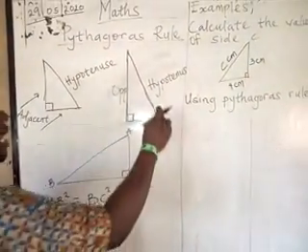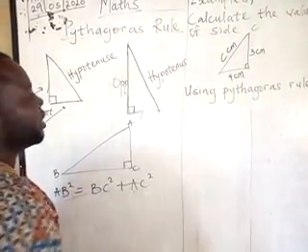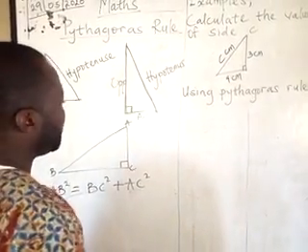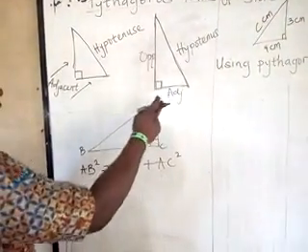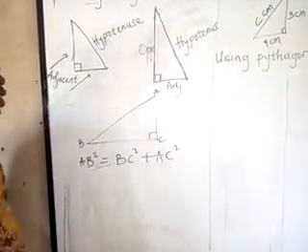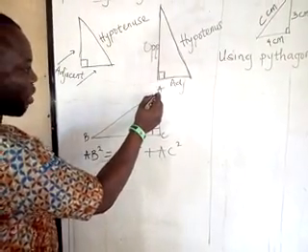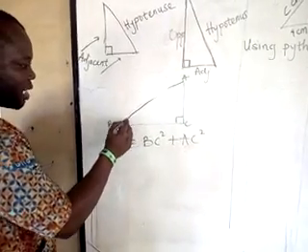So the longest line is referred to as what? The hypotenuse. Which means, coming to this triangle here, triangle ABC, where this line is our hypotenuse, the longest line.